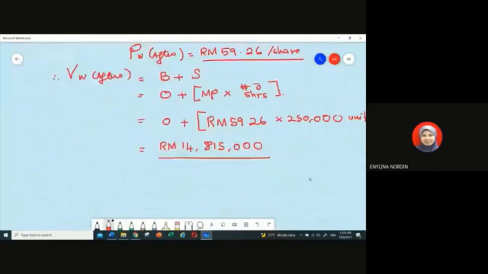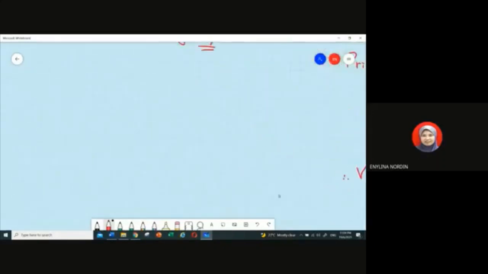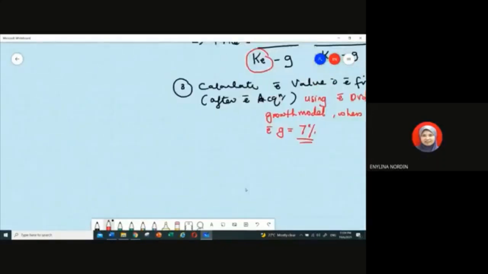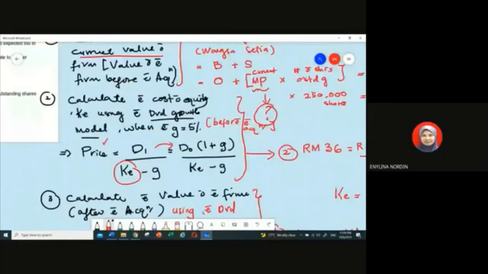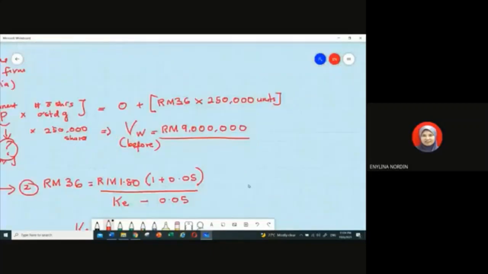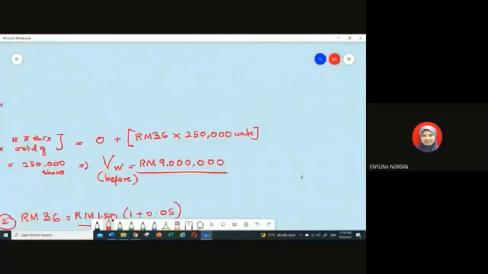So there must be a synergy that makes the value increase from 9 million to 14.815 million. Okay, so once we have done the 3 steps, now we can start answering the questions. The question is asking you to calculate the NPV, so let us calculate now.